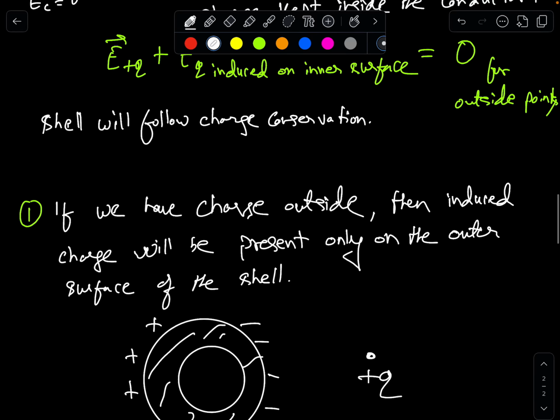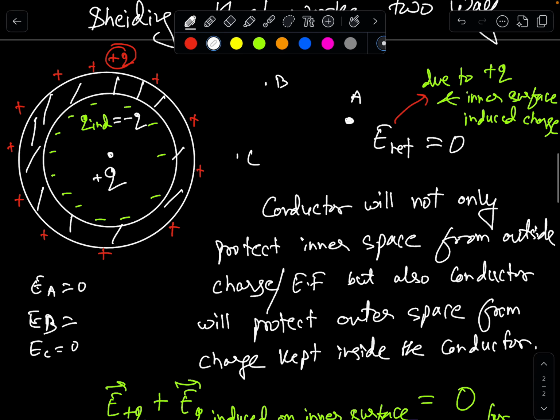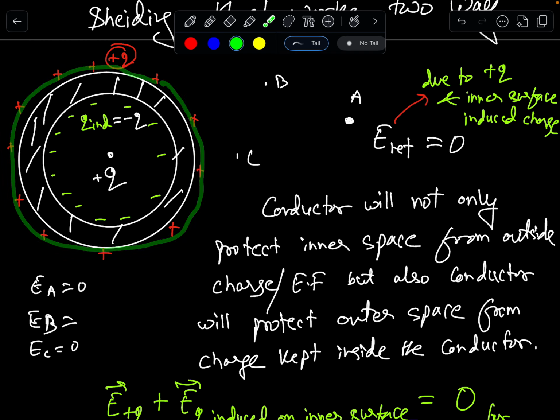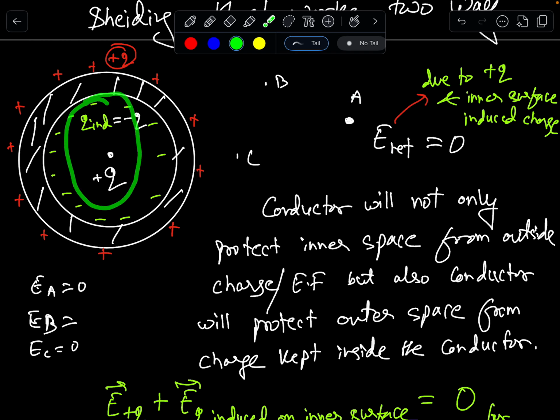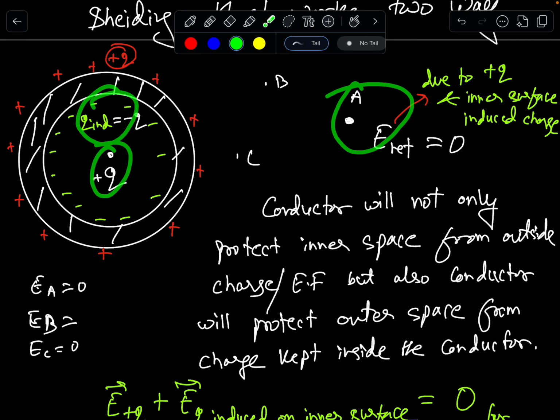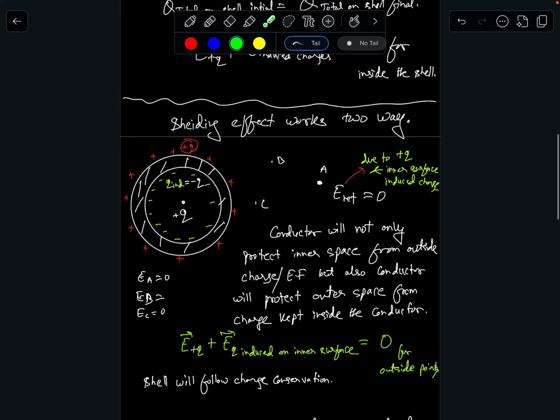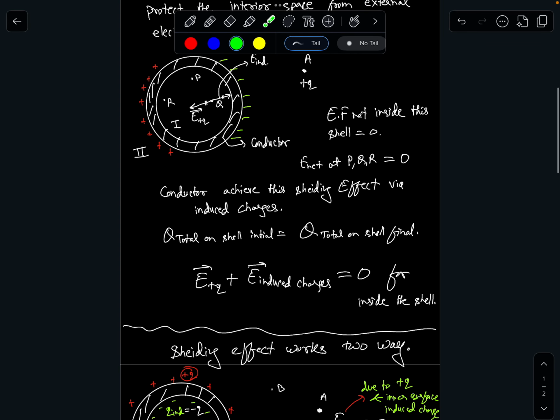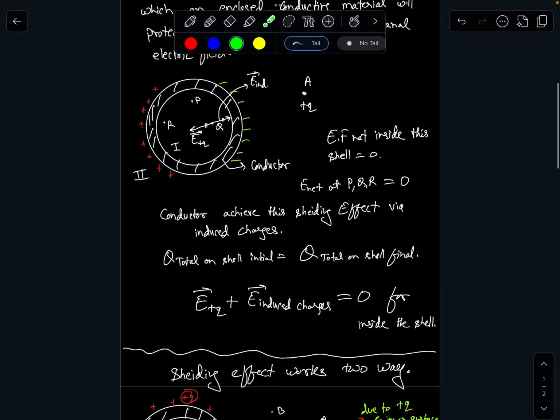Here we saw that because of this induced charge on the outer surface there may be an electric field here, but the net effect of the inside charge and inner induced charge here will be 0. So this is basically the shielding effect, which first we saw because of an external charge kept outside.